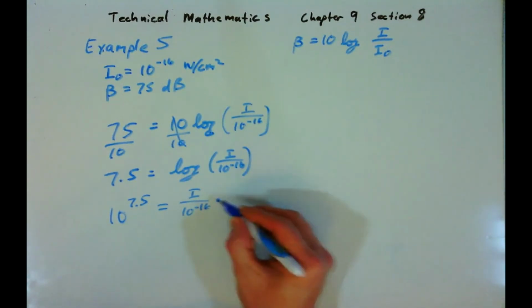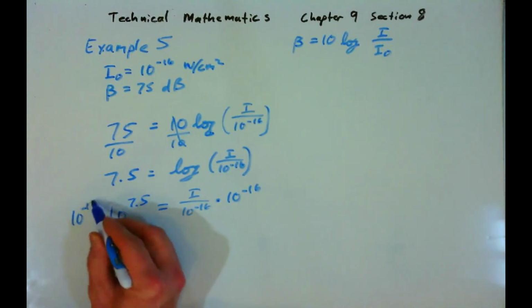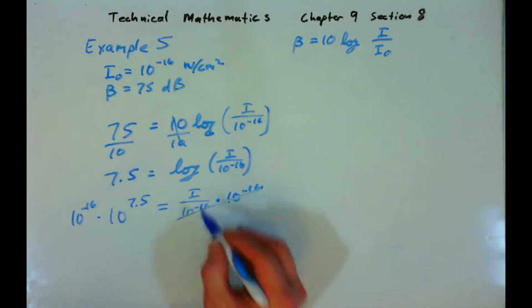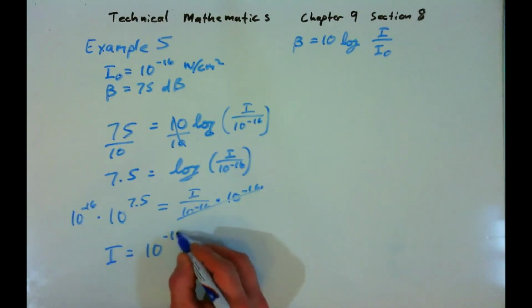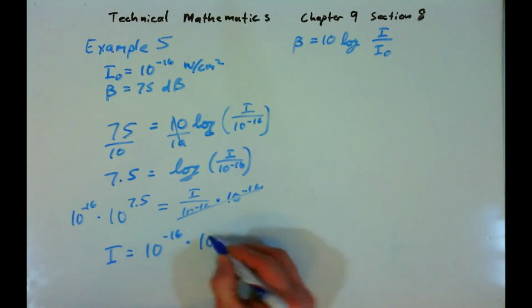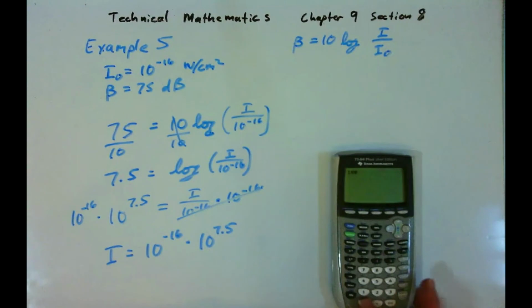Now we want to solve for I, so we'll multiply both sides by 10 to the negative 16th. These will cancel, and we'll get I equals 10 to the negative 16th times 10 to the 7.5 power. And so we can plug this into our calculator and solve.